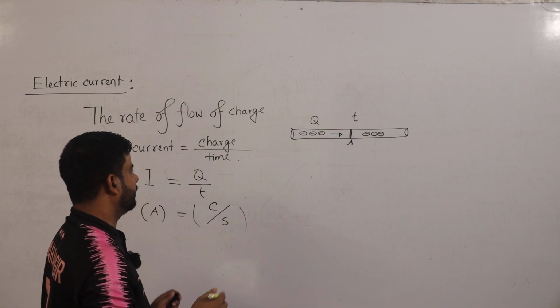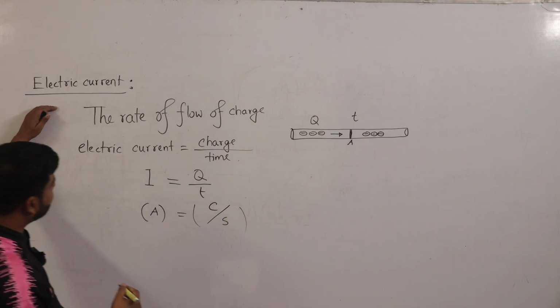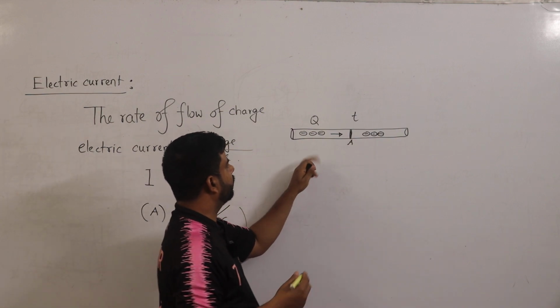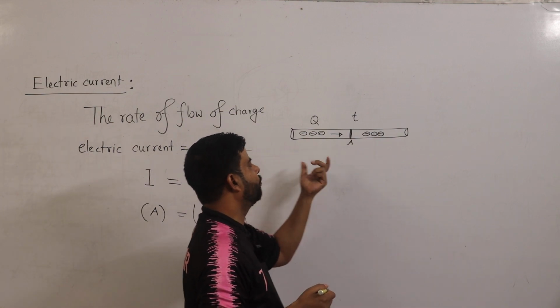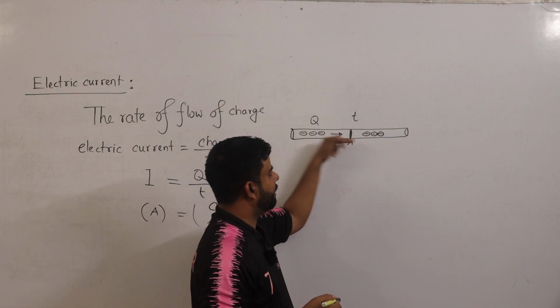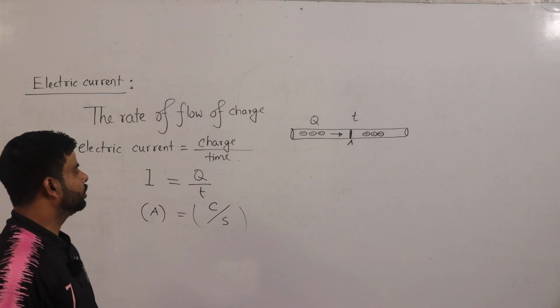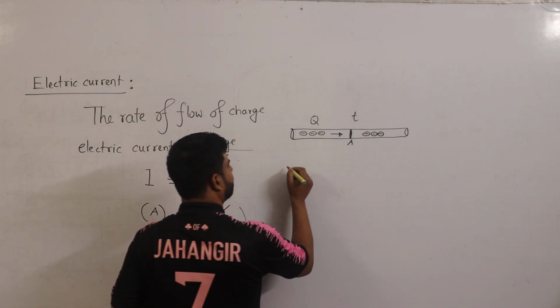So electric current is the amount of electric charge flowing through a cross-sectional area of a conductor perpendicularly within 1 second.